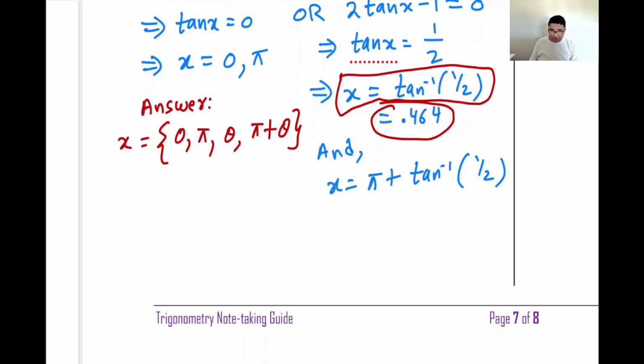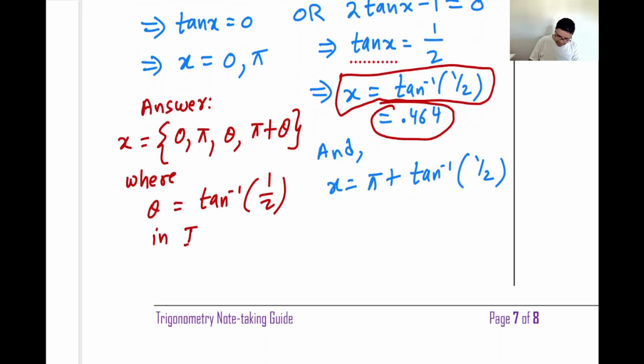Okay, these are the four solutions where theta is tan inverse half in the first quadrant. That's how you can express the solutions. Okay, and if you need to express in decimals, as I said, you can use that 0.464 and pi plus 0.464, right? Those will be your two solutions.